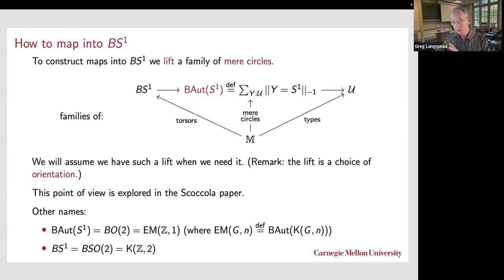And of course, S1 is KZ1. So EMZ1 is these mere circles. And in the written paper version of this talk, that's what I call it. So that's another name. And then BS1 on the left there is BSO2, just the rotations. And it is KZ2.